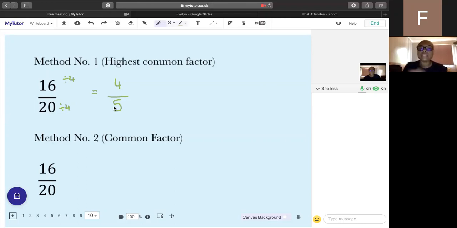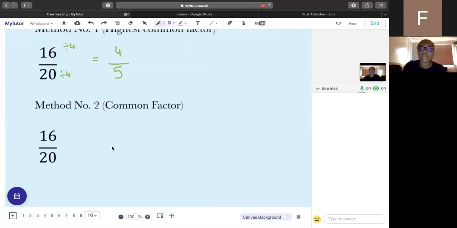Now, if we didn't want to do the highest common factor, or if we couldn't remember what the highest common factor is between two numbers, we could do it a different way. Just divide it by numbers which you know it goes into. So 16 and 20, they're both even numbers, so we know that 2 goes into both of them. So we can first divide the numerator by 2 and divide the denominator by 2.